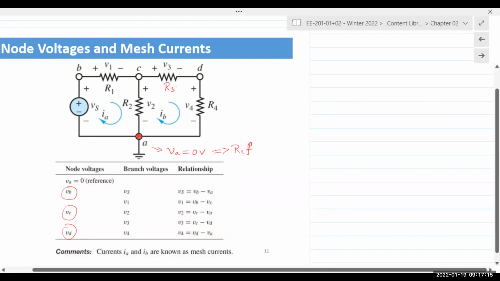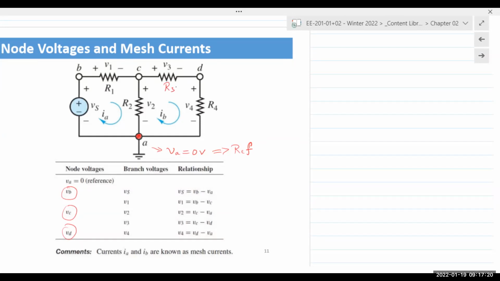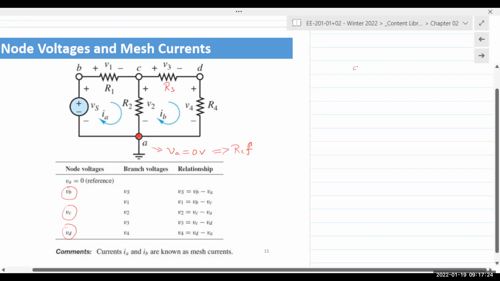Resistor voltages V1, V2, V3, and V4 are measured across the terminals of that resistor. If we take R1, for instance, it has a voltage V1, and the polarity is shown as plus on the left and minus on the right.